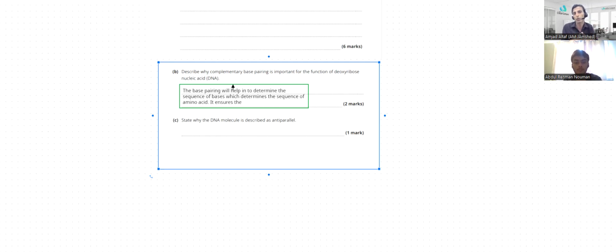And in the case of transcription and translation, it allows information to be transferred correctly, because DNA has to be converted into messenger RNA for the amino acid sequence. So its correct transfer is also important.